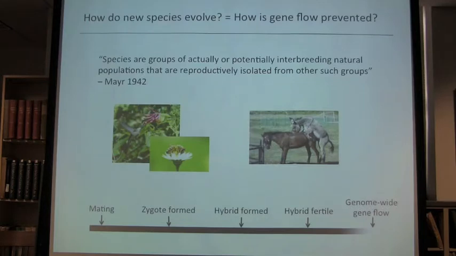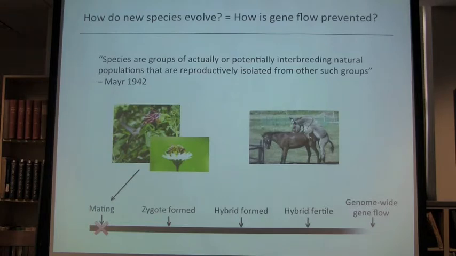So if you have barriers that arise that block gene flow at any one of these steps, you can get a speciation event. For example, here there are two flower types, and they have two different pollinators, a hummingbird and a bee. And so these flowers won't actually mate because of the differences in pollinator specificity. So this is the point at which gene flow is prevented, at the mating step.